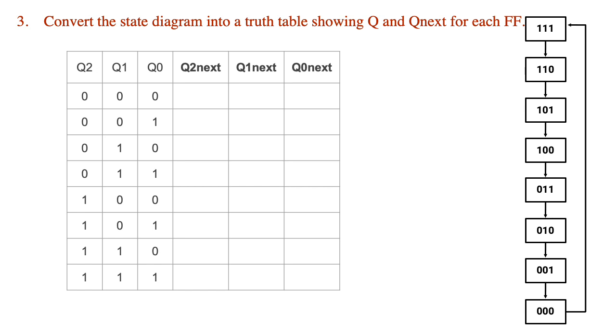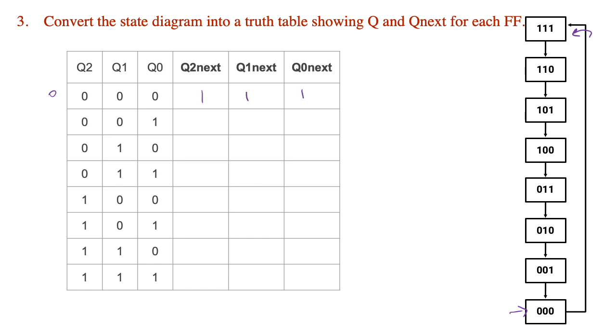So initially, if the state is 0, so 0, 0, 0 means actually 0, right? So we're currently here, then that means the next state is supposed to be 1, 1, 1. So we're going to fill in the table accordingly.